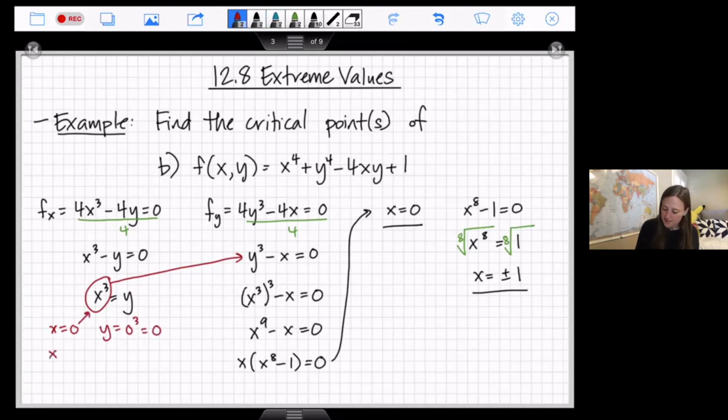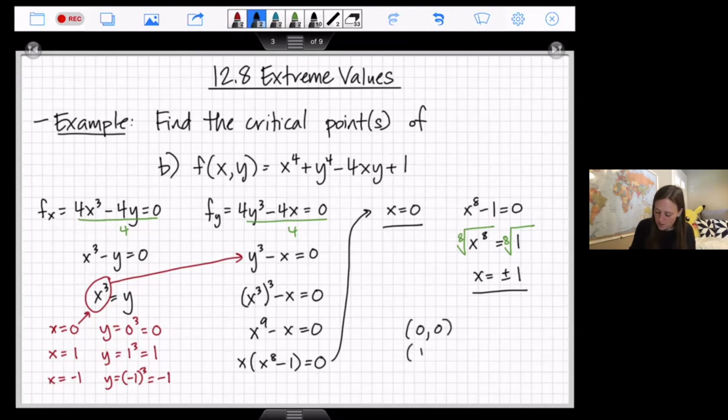Same thing, I found x equals plus or minus 1. y is equal to whatever the x coordinate is cubed. And this is not very exciting. I'm plugging in -1 cubed and I get -1. Okay, so just kind of a coincidence that the x and y coordinates end up matching. All right, but our three critical points that we get are (0, 0), (1, 1), and (-1, -1).